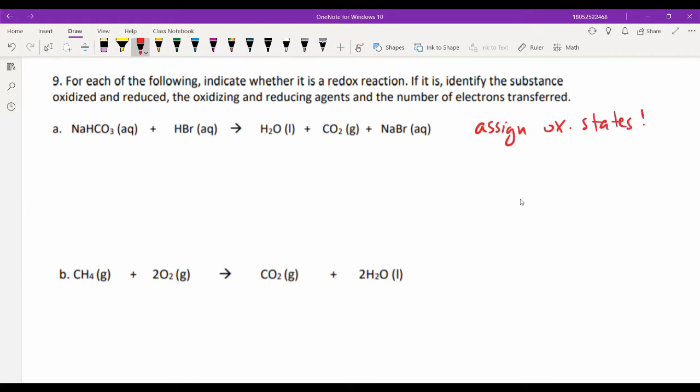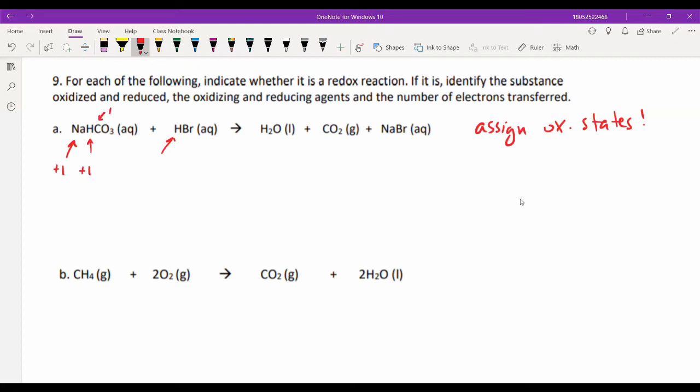Okay. So just going through, start with the first one. Each element in each compound, doing what we did before. I won't spend time on that because that's what we did before. But you're basically going to get these numbers.